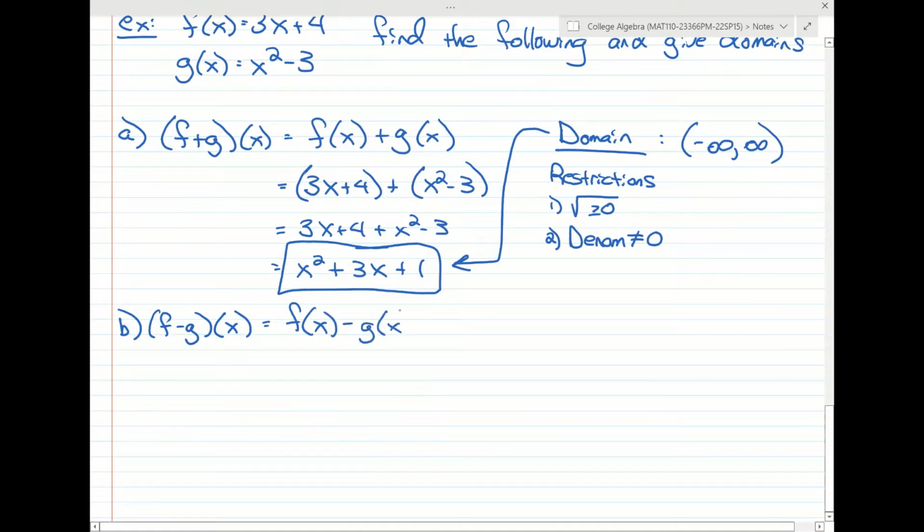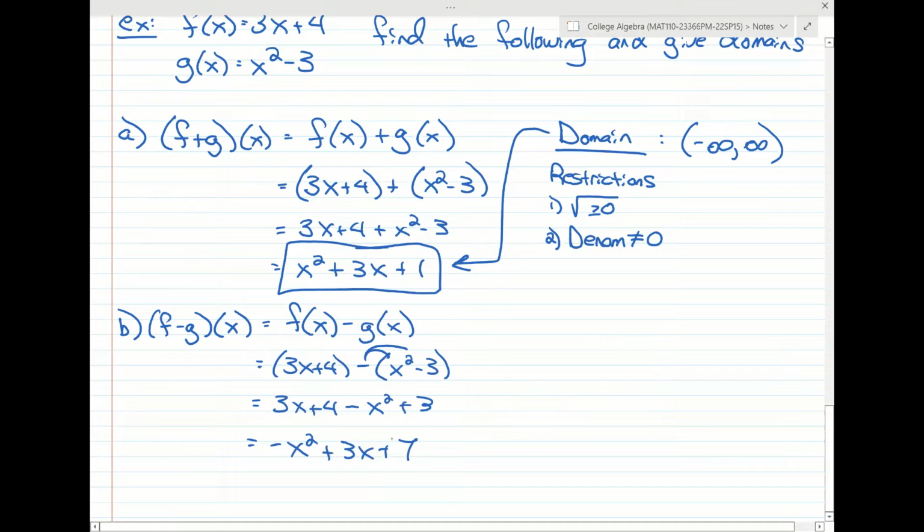This would just be 3x plus 4 minus x squared minus 3. We're going to make sure we put it in parentheses because we're going to have to distribute a negative later. This would just be 3x plus 4 minus x squared plus 3. Finally, we get negative x squared plus 3x plus 7.